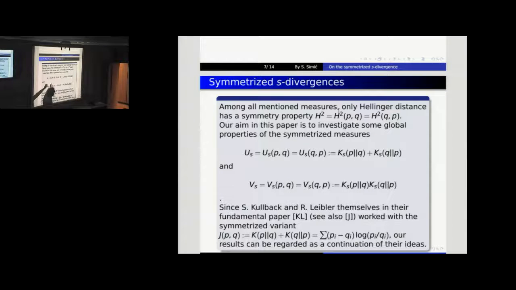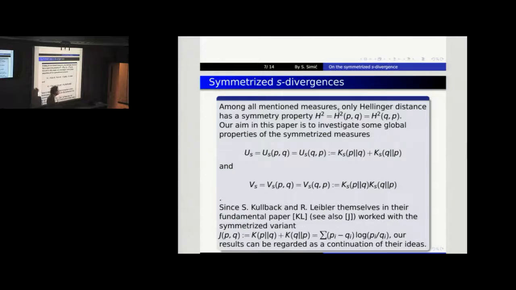The idea of this symmetrizing comes originally from Kullback and Leibler, because when they investigated the divergence, you remember, in fact they worked with this symmetrized divergence, something like this.